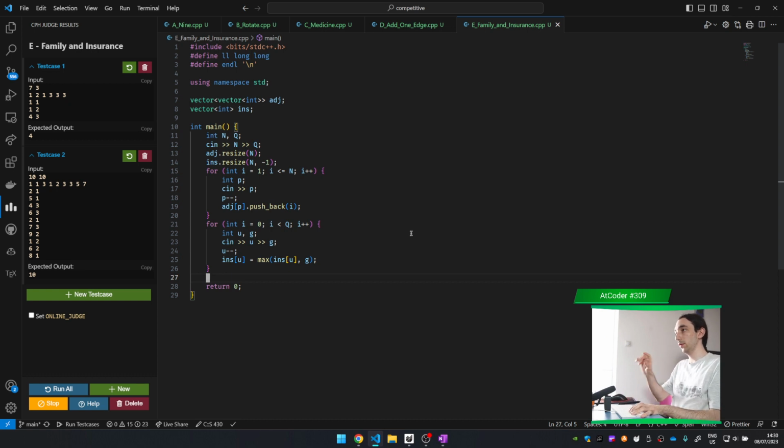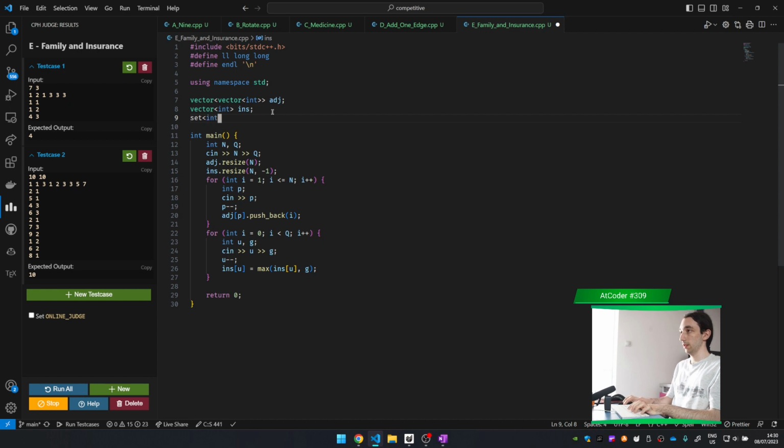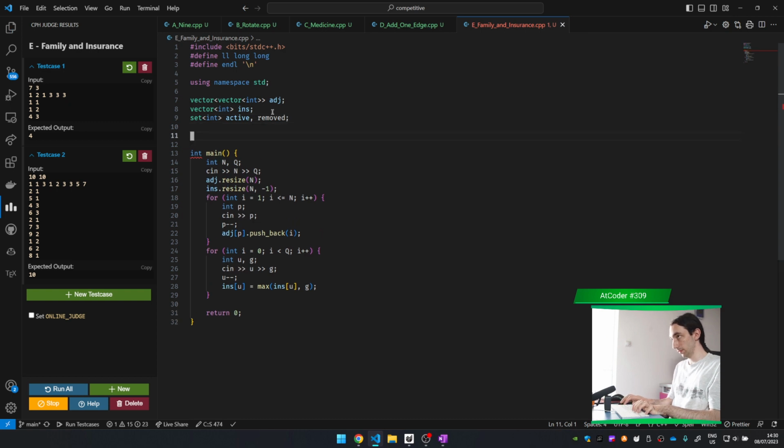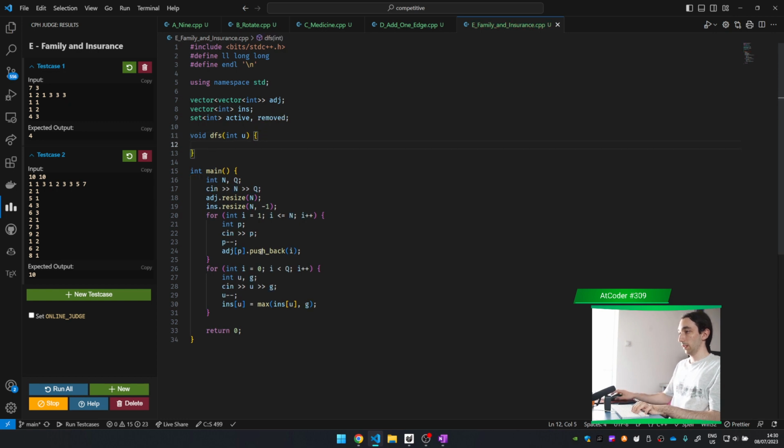This is one thing. And then okay, so we have all these insurances. Then we will have two sets. One set is the active insurance, and one set is the removed insurance. And then in the DFS, I will say this.